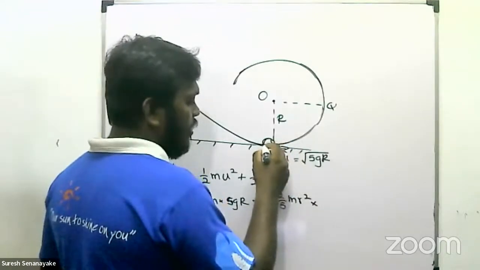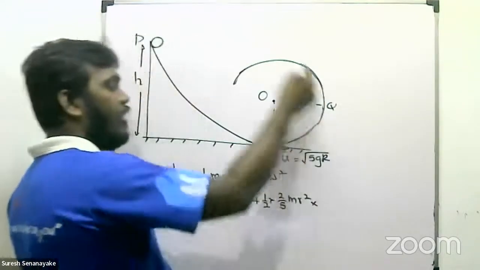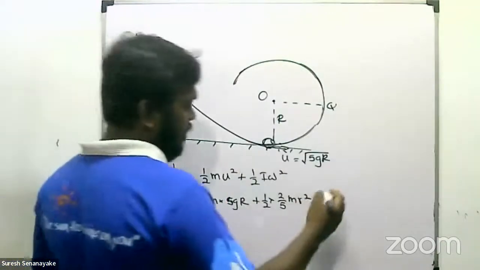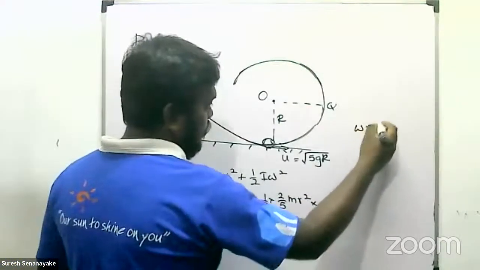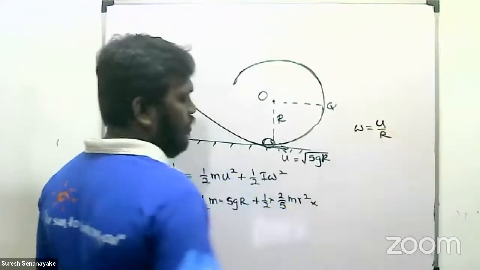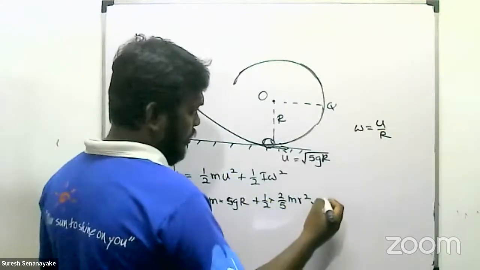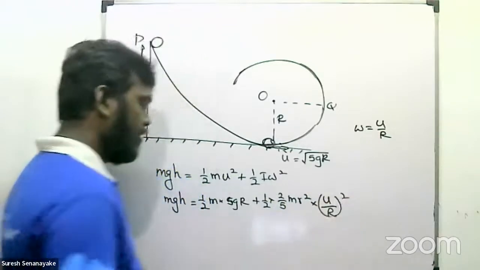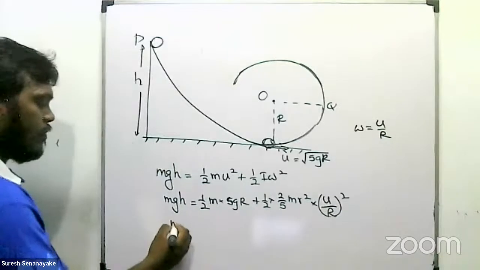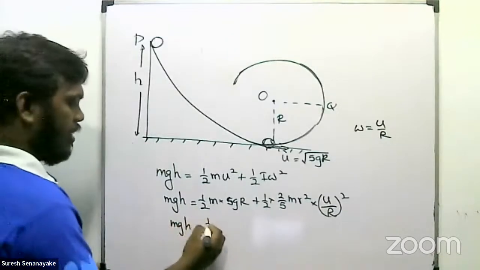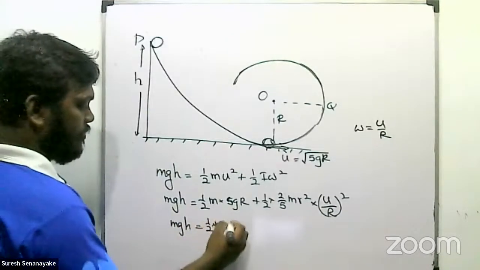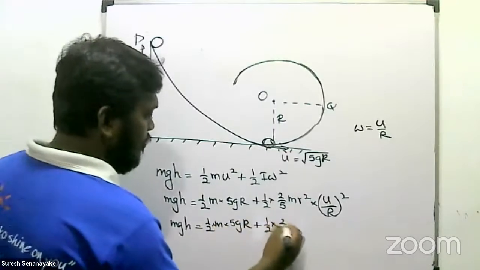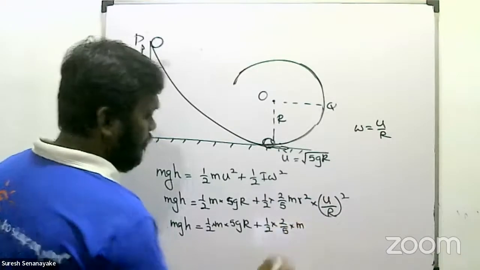And omega at this position, because it is rotating while moving in the vertical circle, we can write omega equals u/r. So u equals r omega. So u/r, squared. Another step: half m times 5gR plus half times 2/5 m.